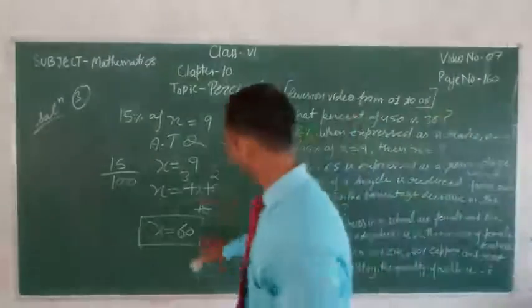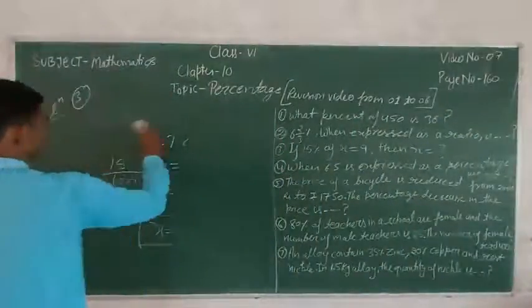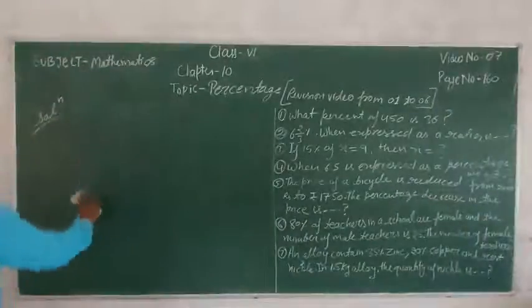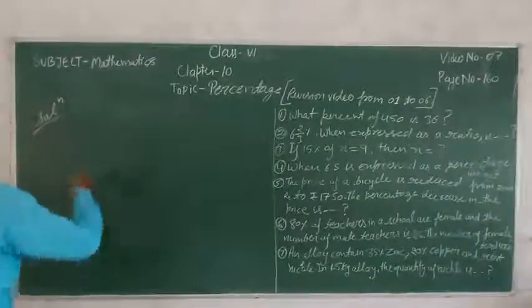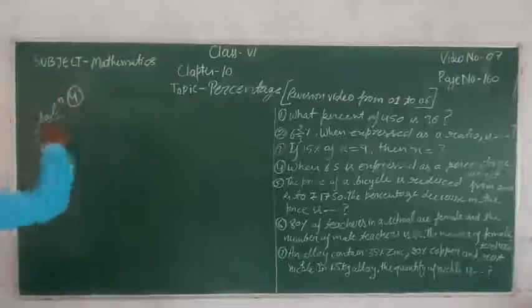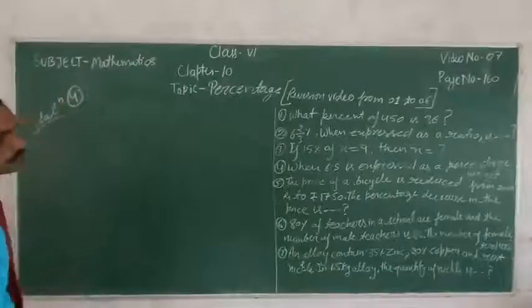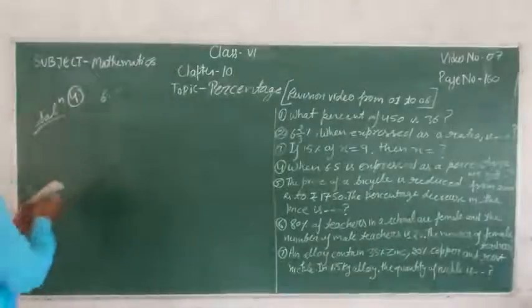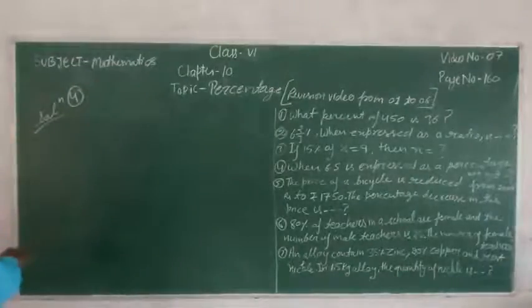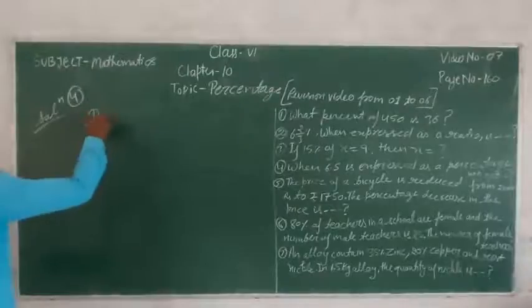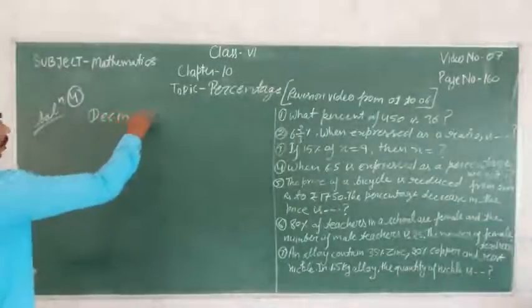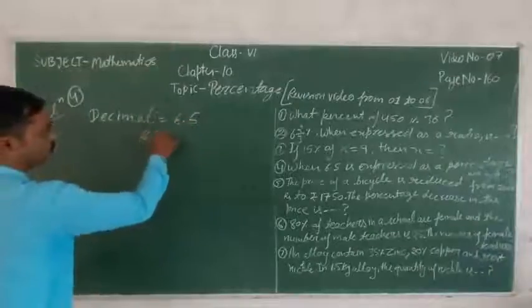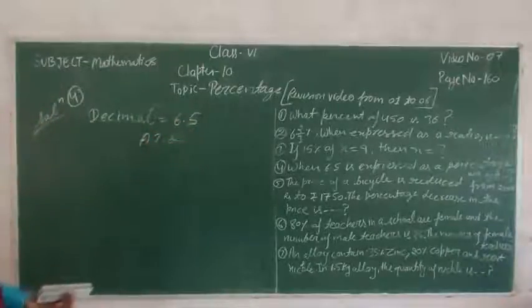So look here. Fourth sum, it is given to us 6.5, a decimal. Now for the question, what we have?